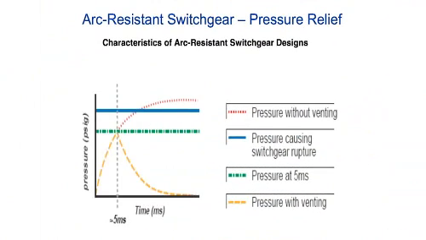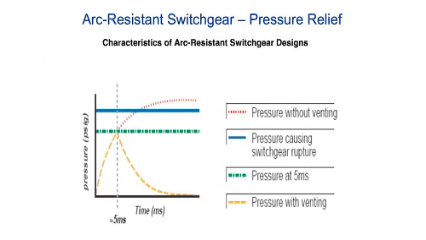We were talking about the pressure wave a little bit earlier. This is why it's so important. You can see that this is the pressure at 5 milliseconds. This pressure hits this point, and in arc-res switchgear, you notice at this point, what happens? The flaps open, all right? That pressure wave falls like a rock.